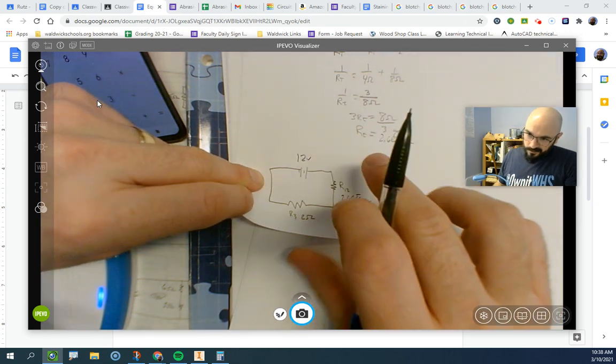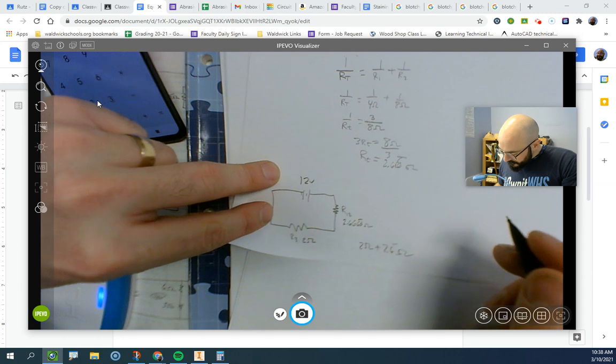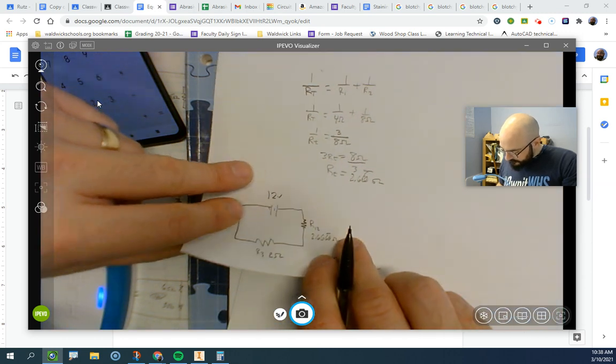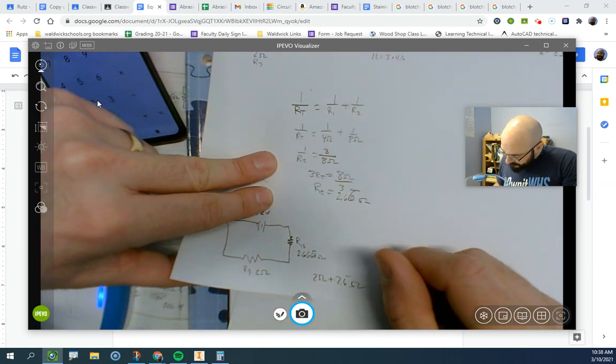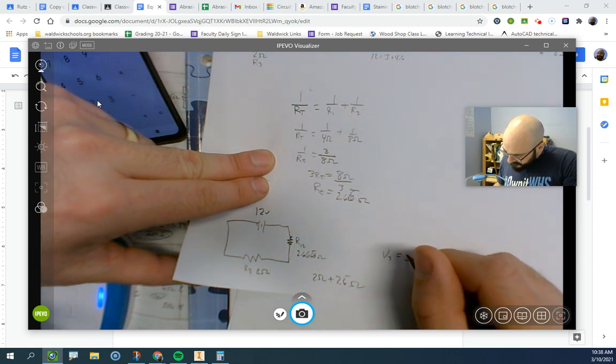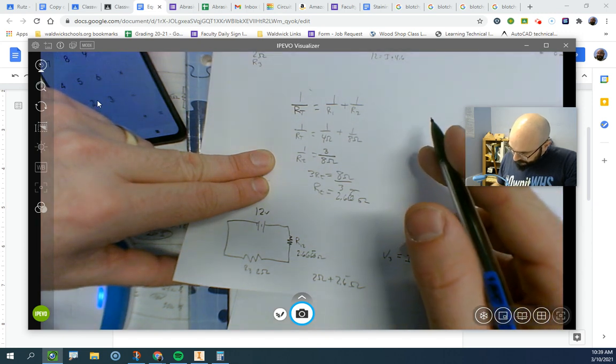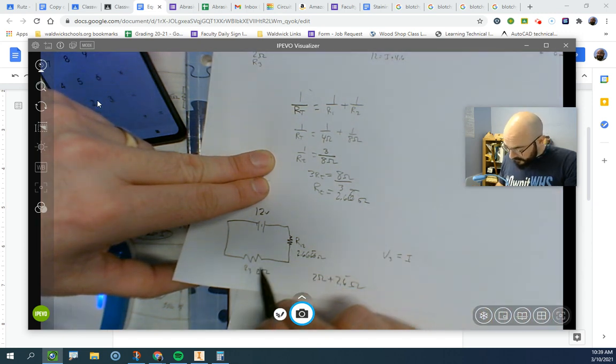It's kind of like we're making a separate circuit with our parallel. Okay, and then the current is the same between these two things.